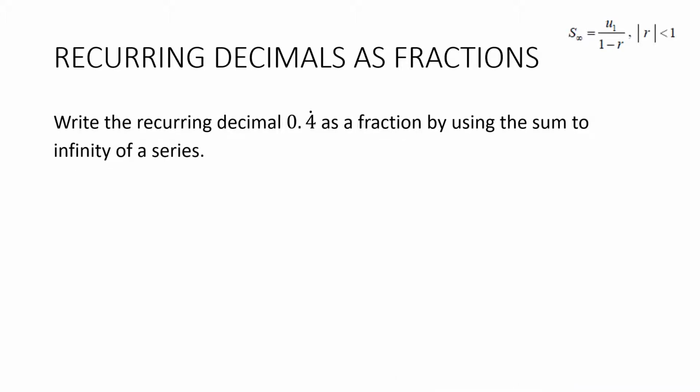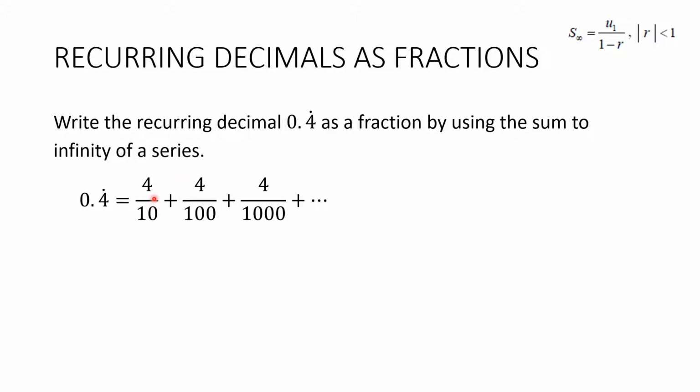Here's an example of where we can write a recurring decimal like 0.444444 as a fraction by using the sum to infinity of a series. So let's start with this 0.4 repeater and write it as a series of fractions. So it's 4 tenths plus 4 hundredths plus 4 thousandths plus 4 ten-thousandths, etc. And that is a series, isn't it? And it's a geometric series. What's happening each time?